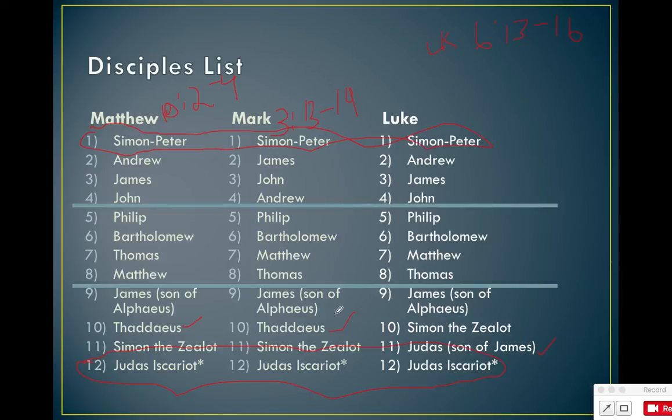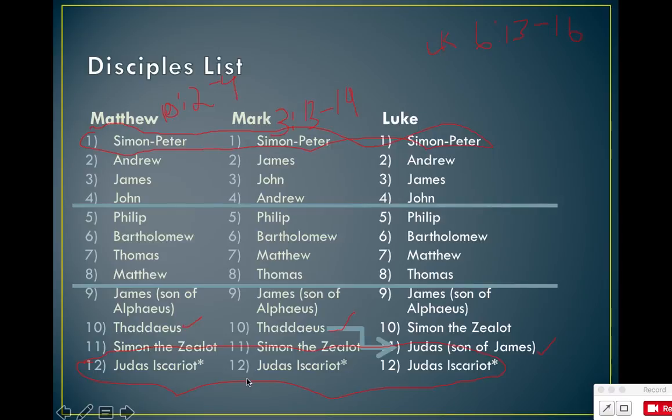Well, that's because Matthew and Mark change his name from Judas to Thaddeus, because let's be honest, if we know that a guy named Judas betrayed Jesus, would you want your name to be Judas? Probably not. So Thaddeus and Judas, the son of James, even though Luke distinguishes between the two, are the same person.